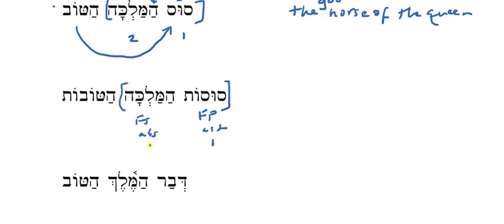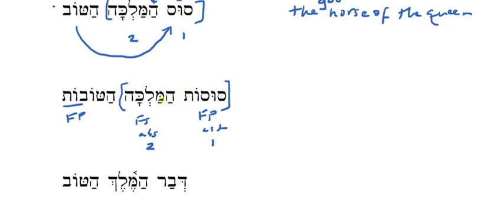It's thing 1, thing 2. Look at hatovot. Here's my attributive adjective. It has to go after the construct chain is done. And then I add it. I've got the article because the articular nature of thing 2 makes both of these definite. So this is definite. And notice I have tovot, which tells me this is feminine plural.